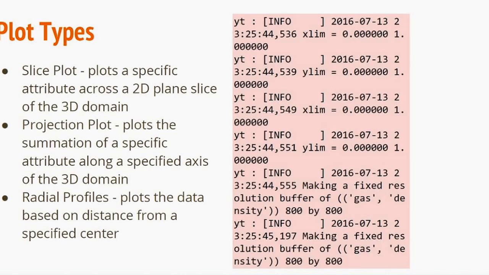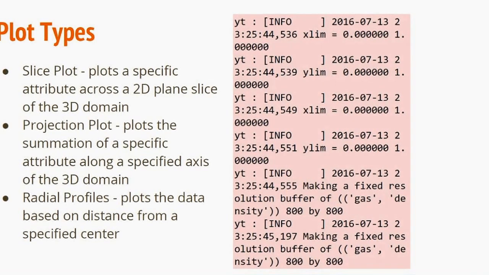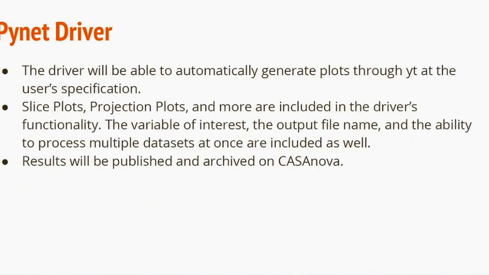But then we weren't able to do that because there is no longer pre-written code for that in YT, so we had to manually do that, which didn't work for us.